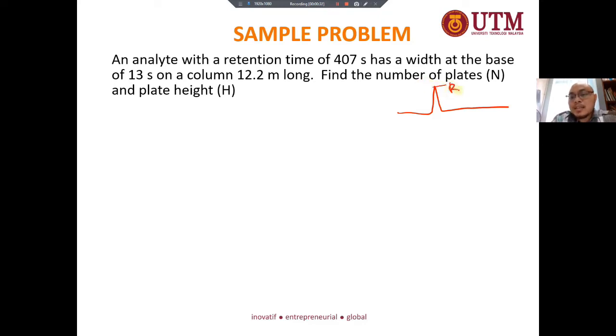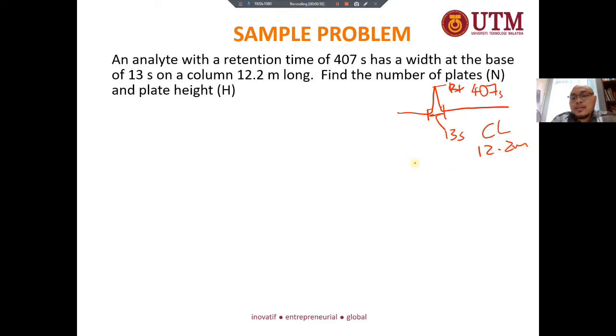So the RT is 407 seconds. The problem also mentioned a width at the base of 13 seconds, so the width here is 13 seconds. The column length is 12.2 meters.